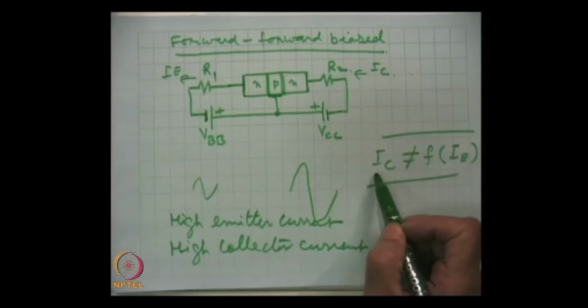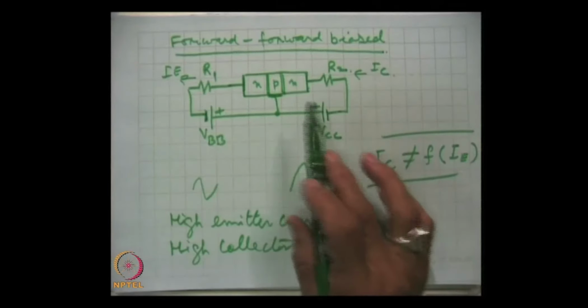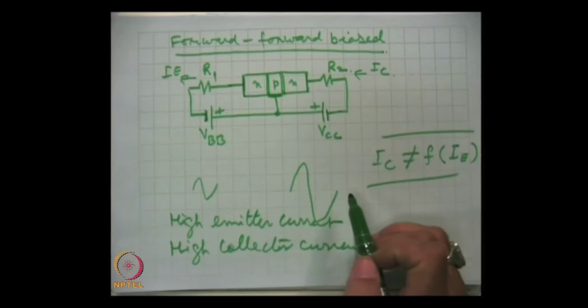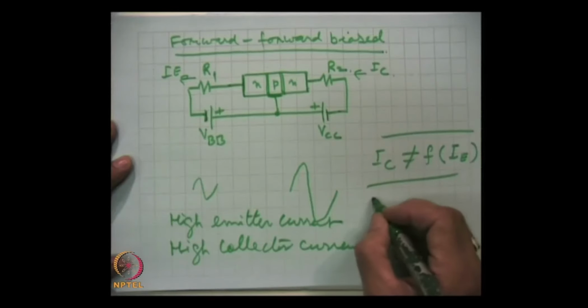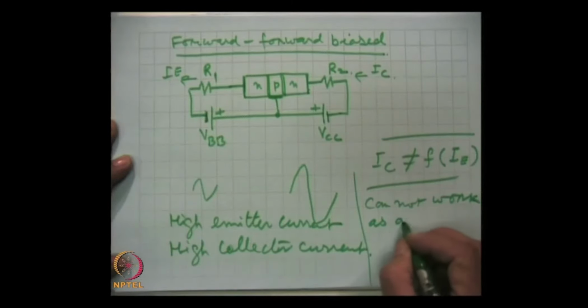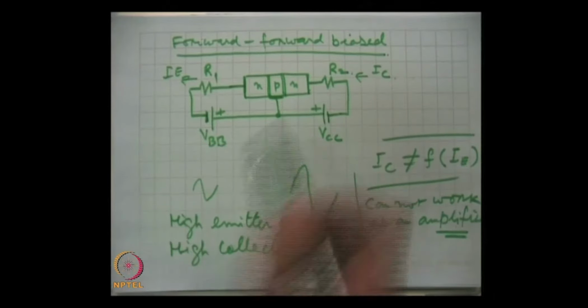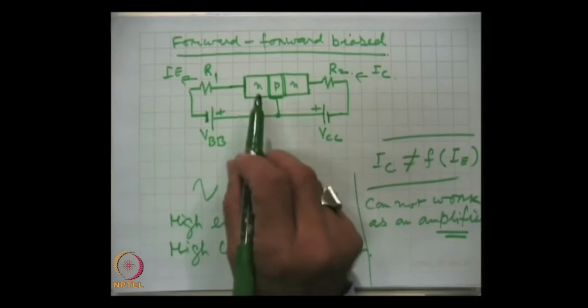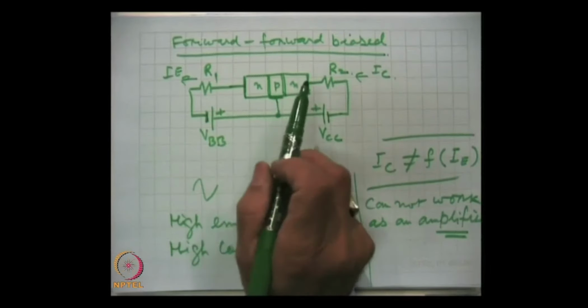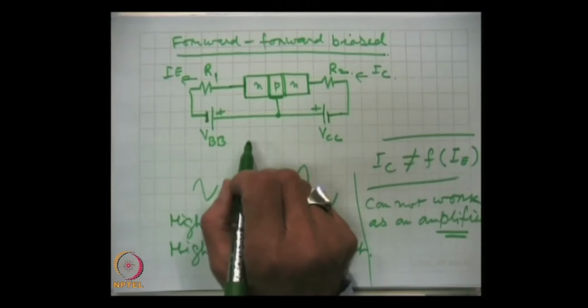Since the collector current is not a function of the input current, this arrangement cannot work as an amplifier, but we will see that in switching states this situation will be representing one of the states of the switch.